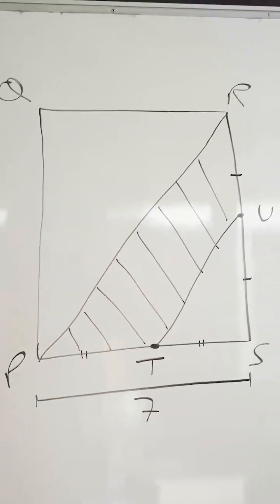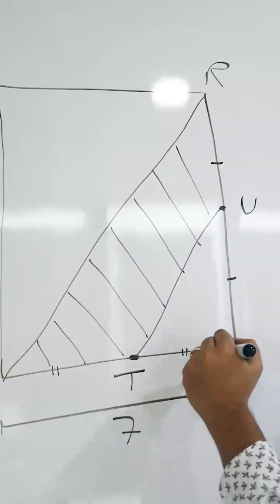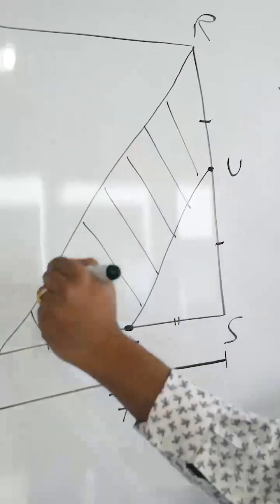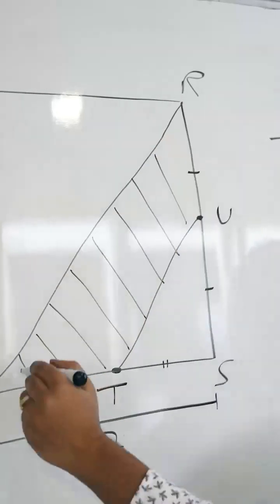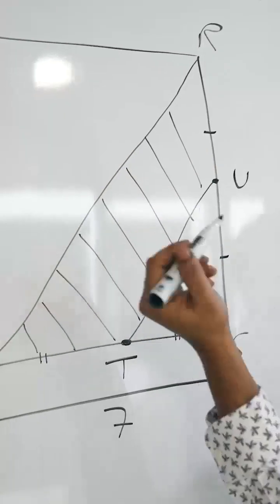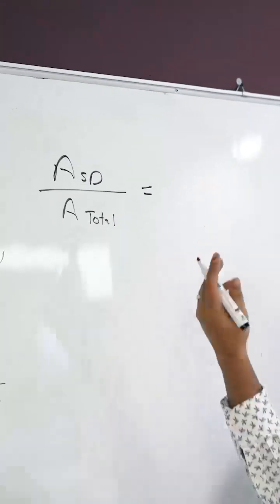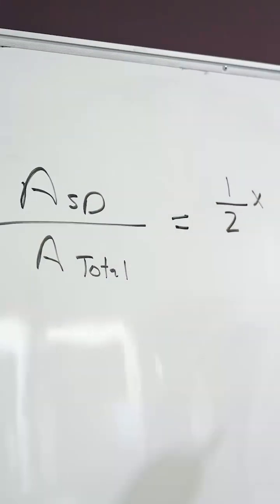Now what's another better way of doing this question? You see, this is a triangle, PSR. If I take this bigger triangle and subtract the smaller triangle from it, do you realize what I will be left with? I will be left with the shaded part. So let's try to do that. Area of shaded portion. I know area of a triangle is half into base into height. Half into base.